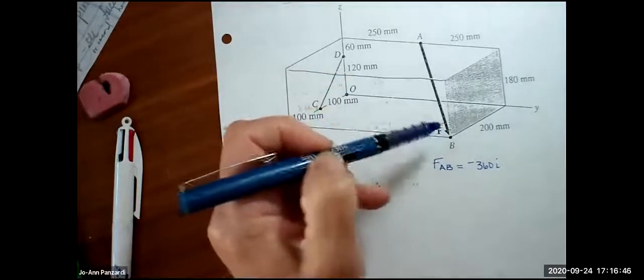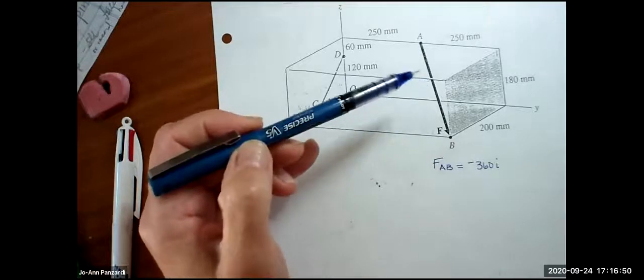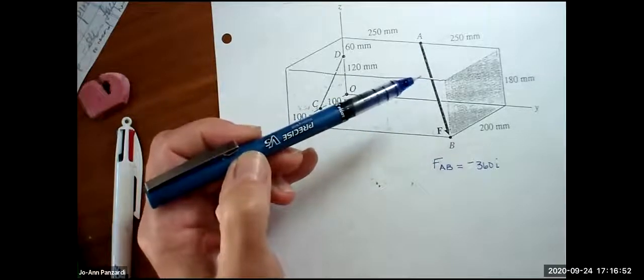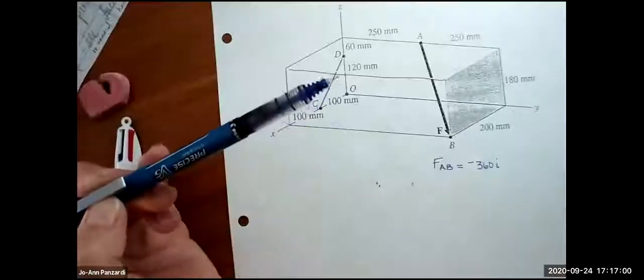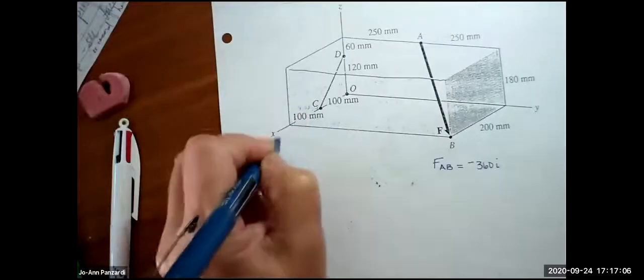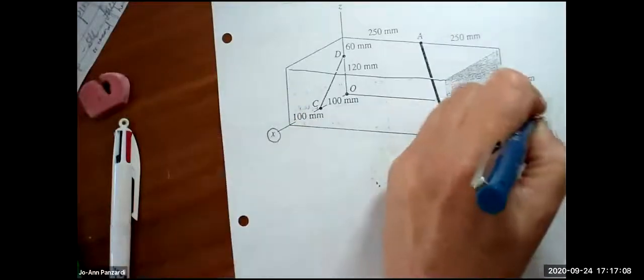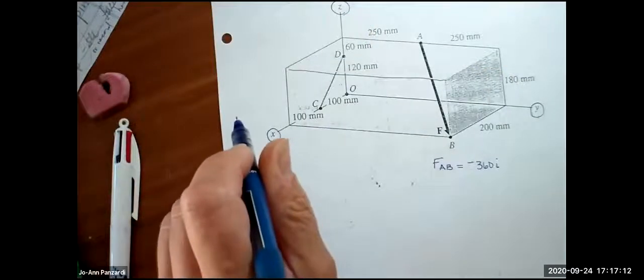Let's just look at this. Going from A to B, is it going in the positive or negative X? In the positive X direction. Right. In a three-dimensional problem, always look at where these axes are, because you can put them wherever you want.